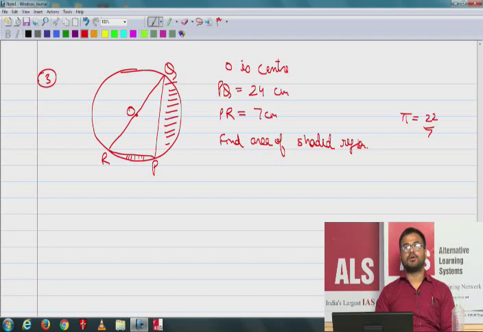Here one concept of circle will be used, which you have studied in the 9th class.